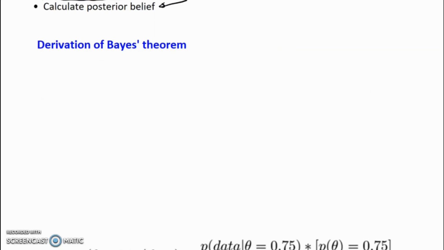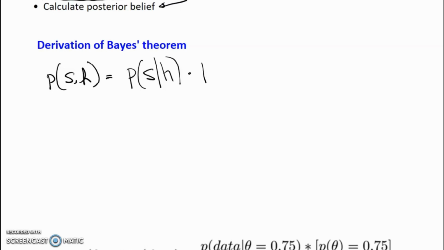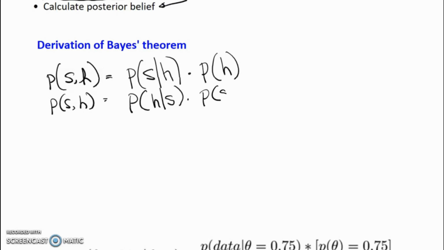And what we saw earlier is that the joint probability of a tree being of a species and in a particular height class could be obtained by the conditional probability that it was of a species given that it was in a height class, multiplied by the marginal probability that it was in that height class. But alternatively, we could calculate that same joint probability by taking the conditional probability that it was in a height class given that it was of a species, multiplied by the marginal probability that it was of that species.